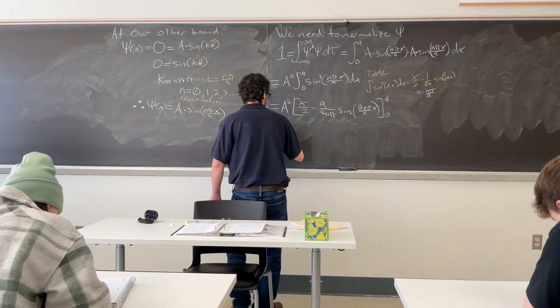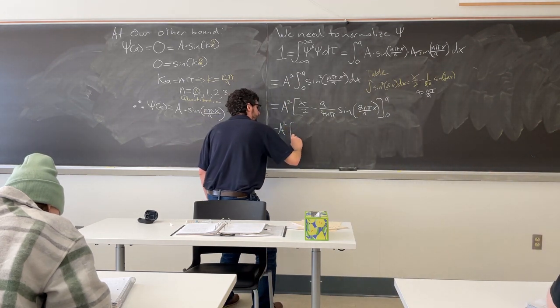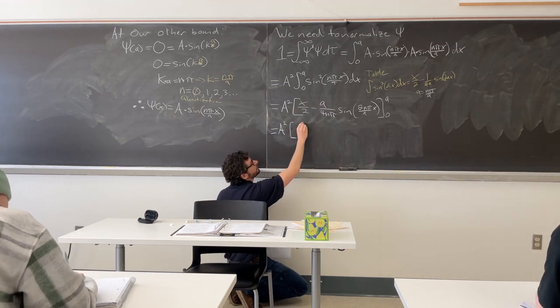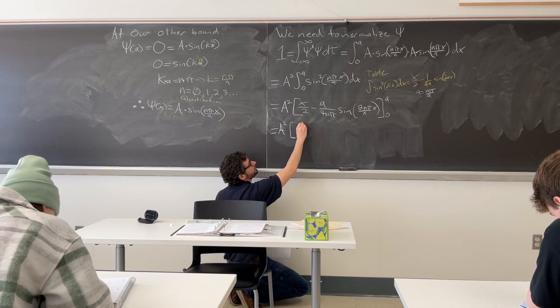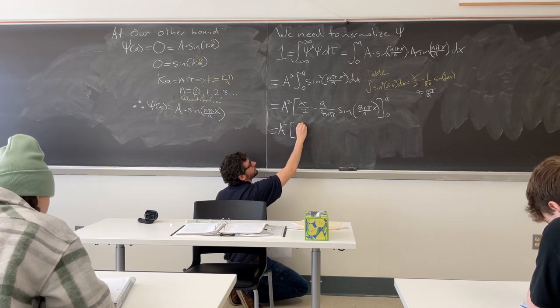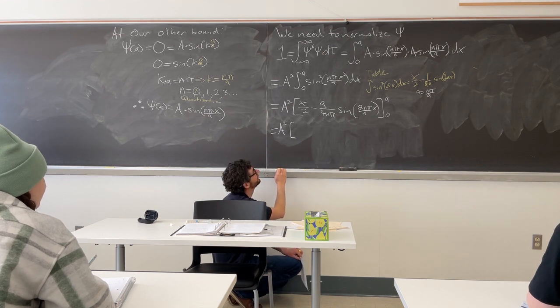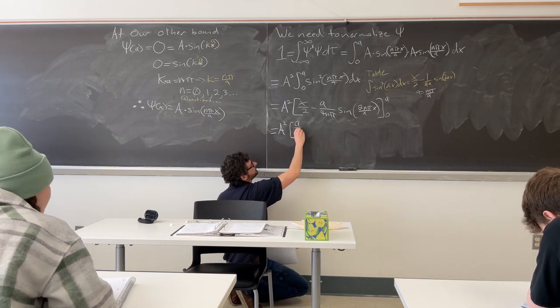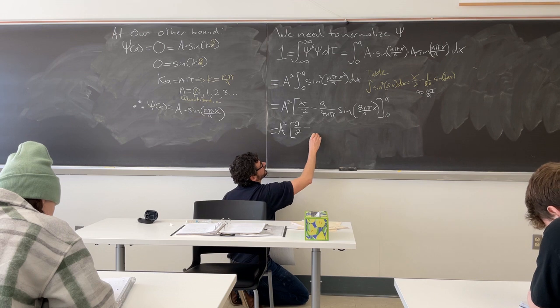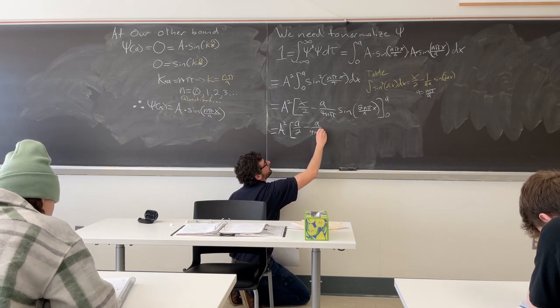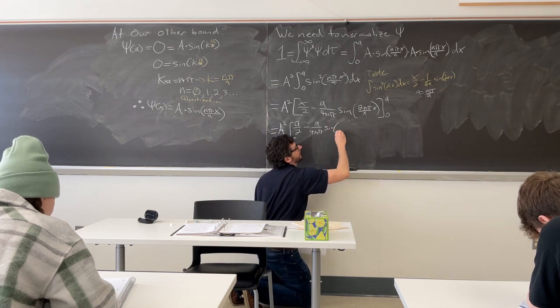Okay. Let's start plugging in stuff. First term. Sorry, gotta give you time to scramble things down. Yep, A over 2. Minus A over 4n pi sine.